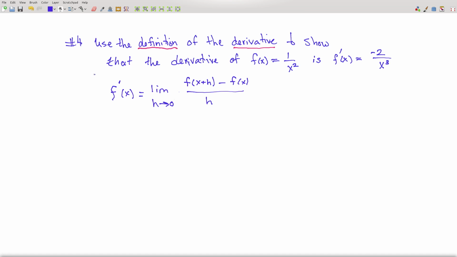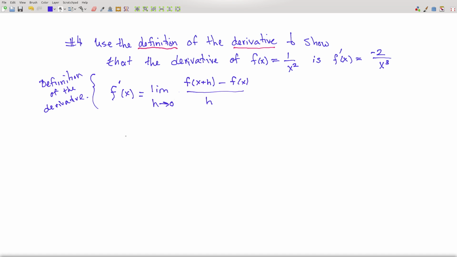This is the definition of the derivative function. Okay, let's use that in the case when f of x is 1 over x squared.